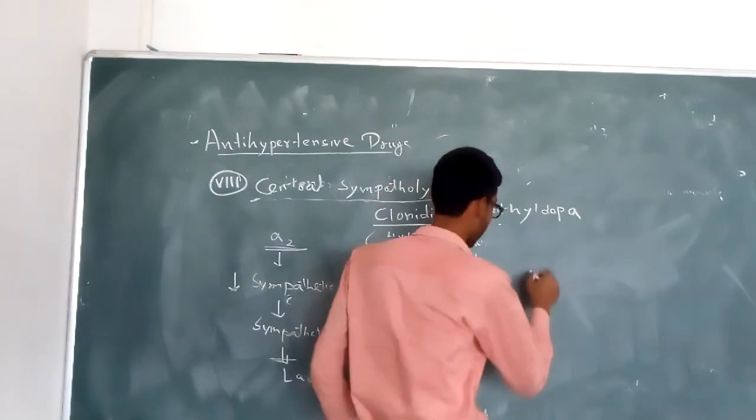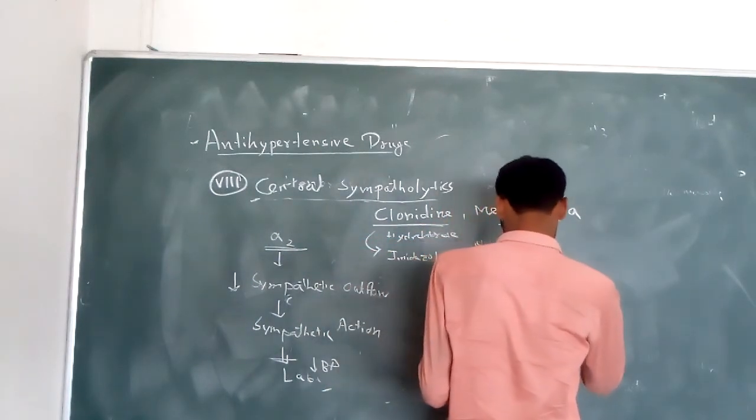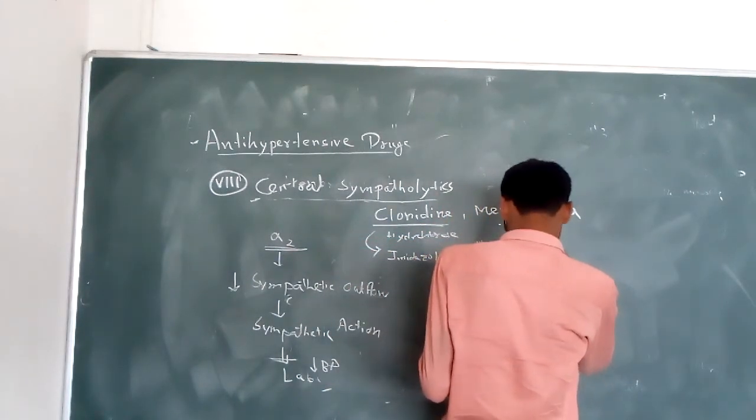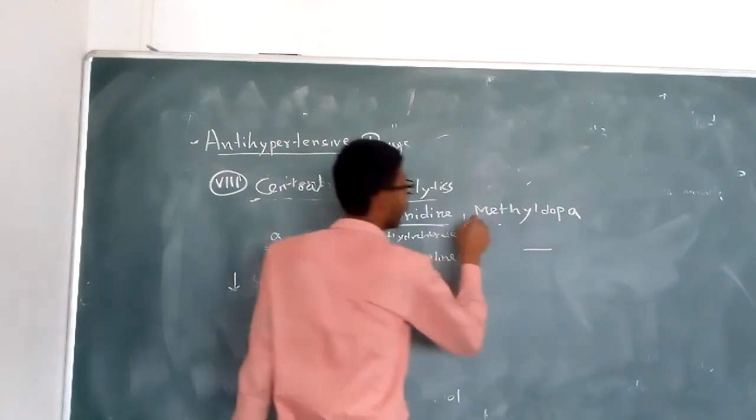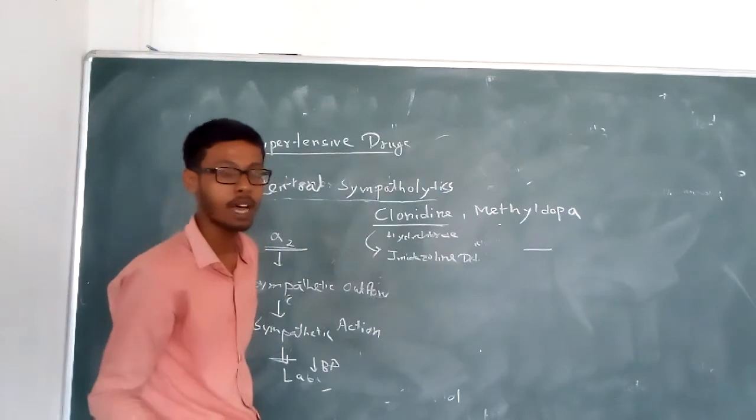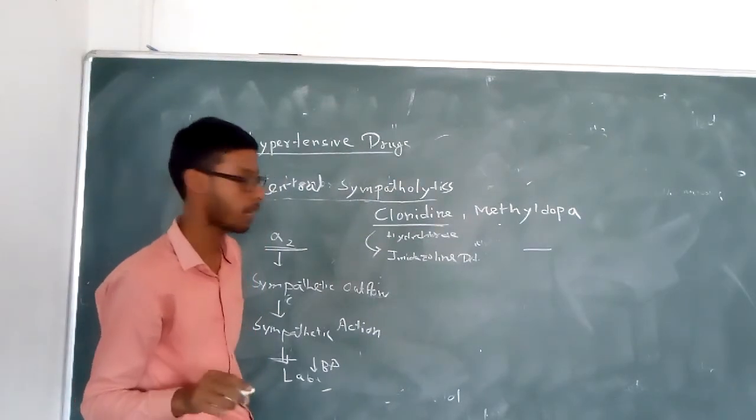Methyl dopa. The structure of methyl dopa is similar to dopa, and it contains an extra methyl group at the alpha position.